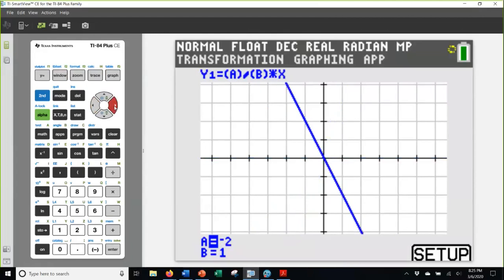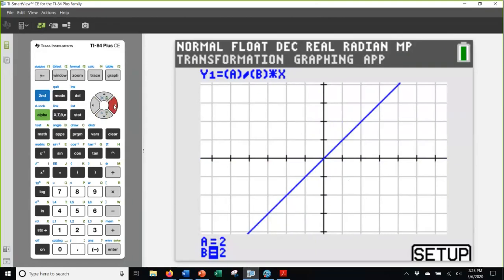In any case, let's also take a look at what happens if we work with our denominator, b. On TI-84 transformation graphing, we are only allowed to use A, B, C, and D as our parameters for the changing values, so that's why I didn't use numerator over denominator or other values.